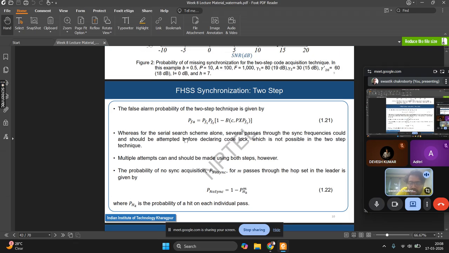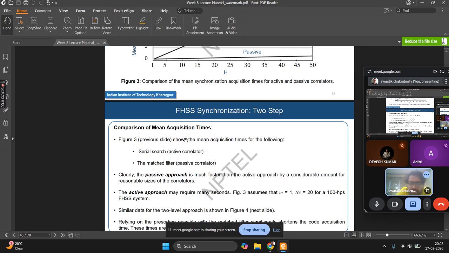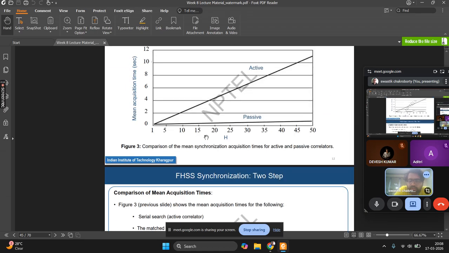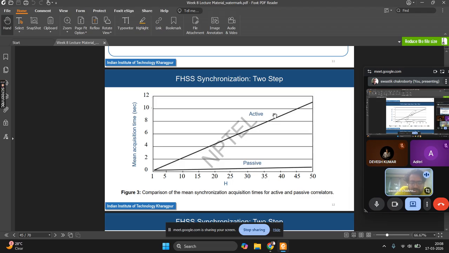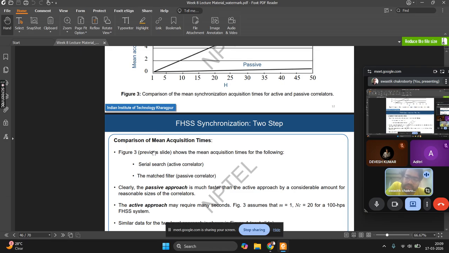We'll skip that analysis for now, and go to the comparison of mean acquisition times in Figure 3. So this is the active one, meaning matched filter, and this is the passive one, meaning bank of correlators. These are the two methods to get the acquisition of the PN hopping sequence for FHSS.